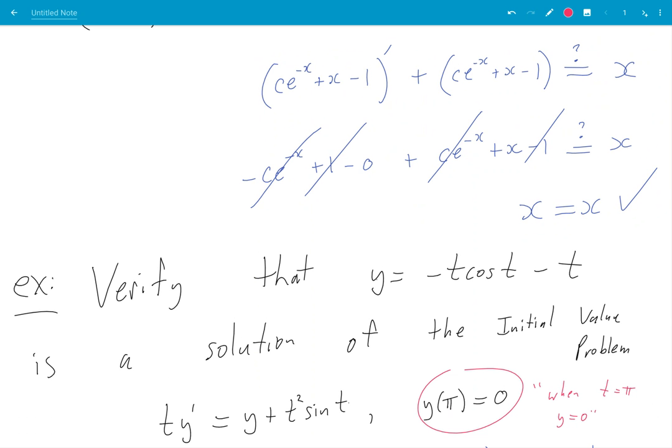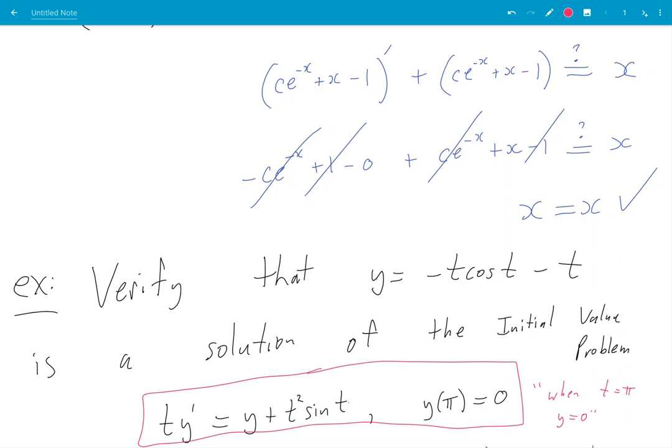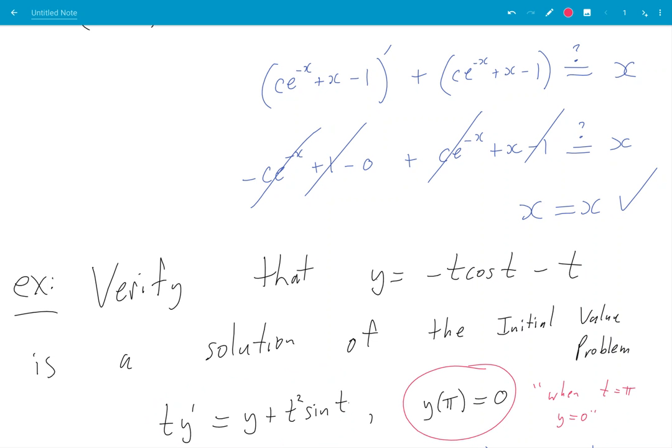Okay, this is called an initial value. And altogether, we call this an initial value problem. These two conditions combined are called an initial value problem. So we have a differential equation and then some extra condition that the function y has to pass.